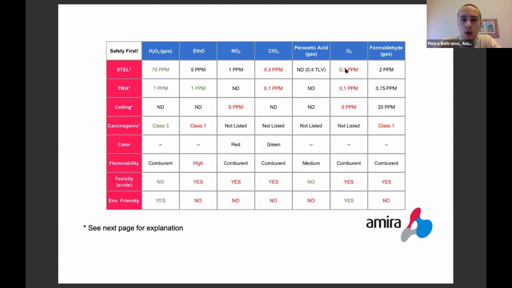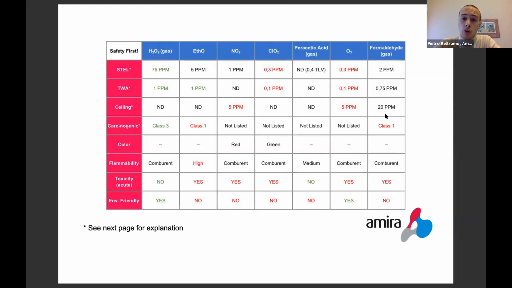You can find ozone online and buy it for very cheap money, but it's a dangerous molecule. That's why H2O2 is so important. It can be either in gas or vapor phase, in vapor or in spray aerosol, but it's a really important molecule to be taken into consideration.